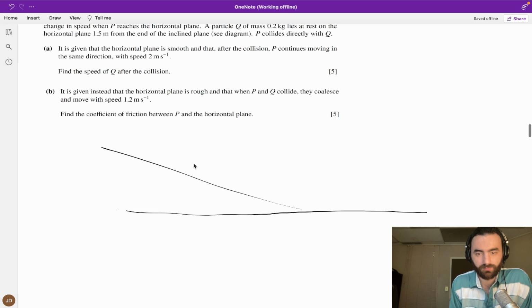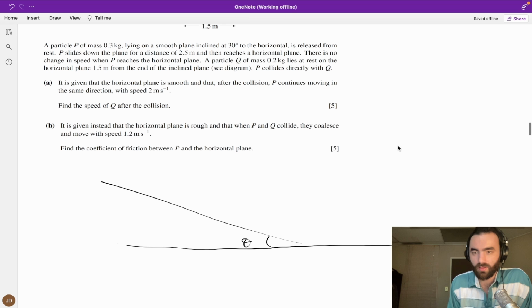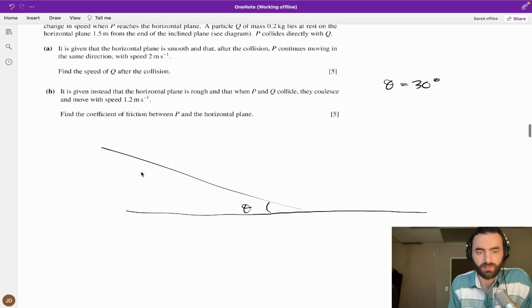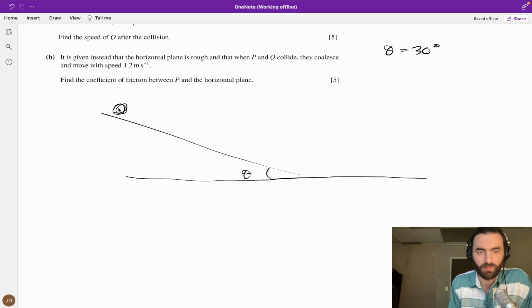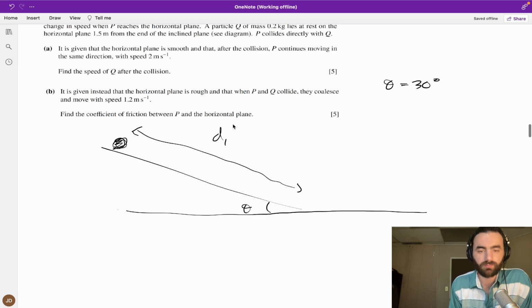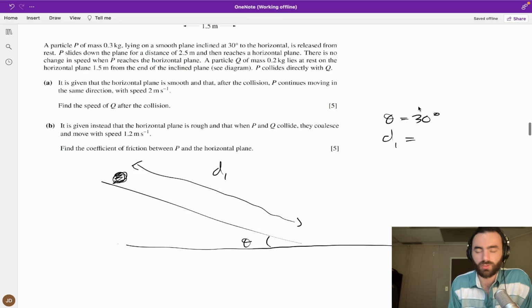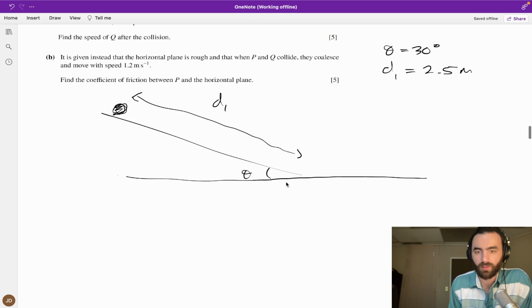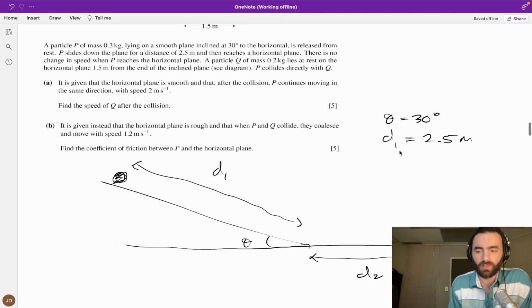This is theta, and theta is 30 degrees. This is our P. This distance here was D1, and our D1 is 2.5 meters, and then the base here is D2, and Q is 1.5.